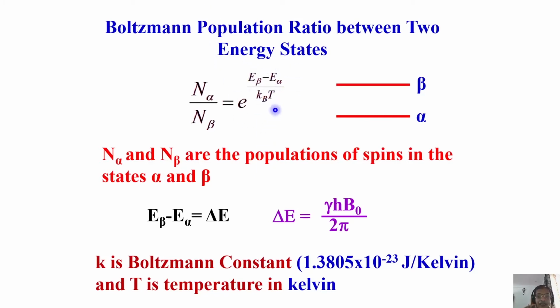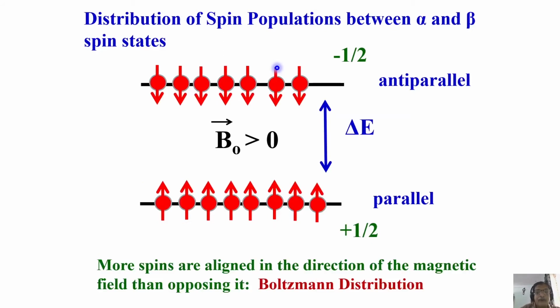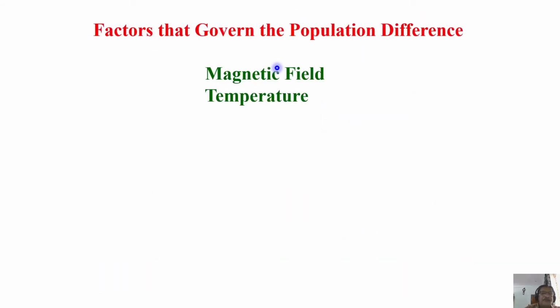So I can control this, I can control this. Both are in my hands. So population difference or population ratio is governed by two important factors: one is the magnetic field, the other is the temperature.